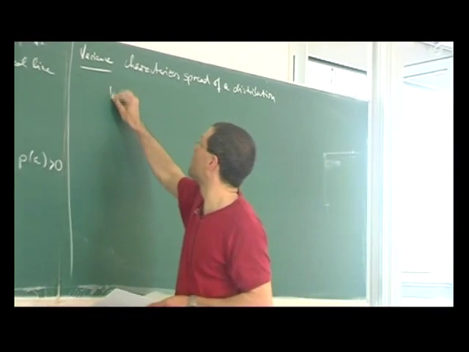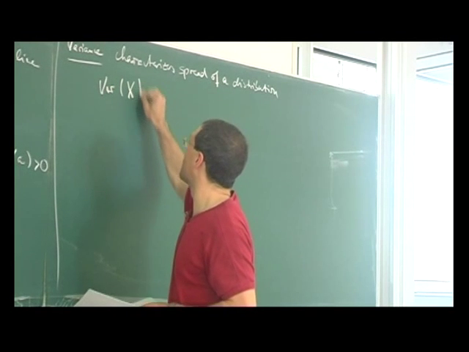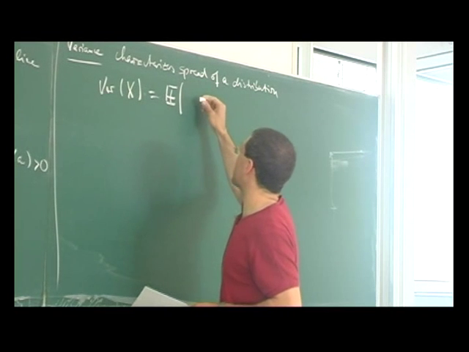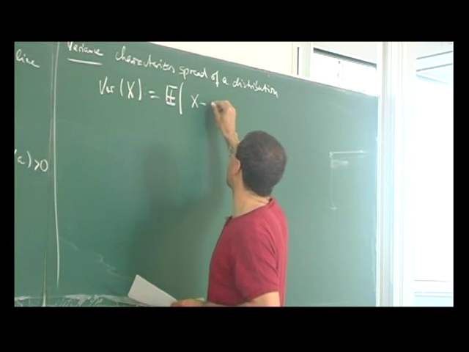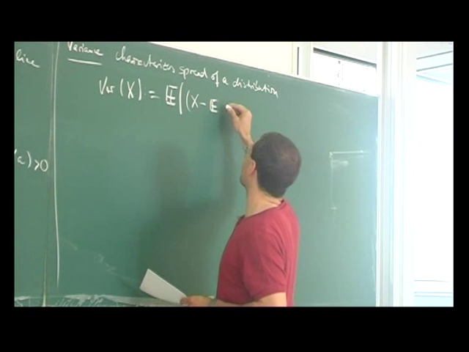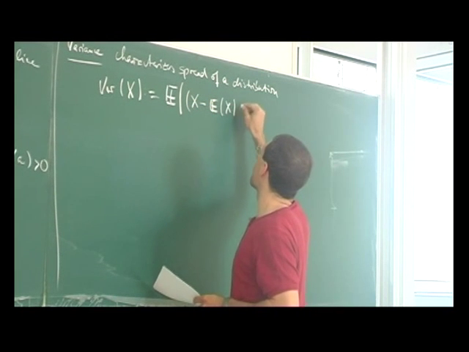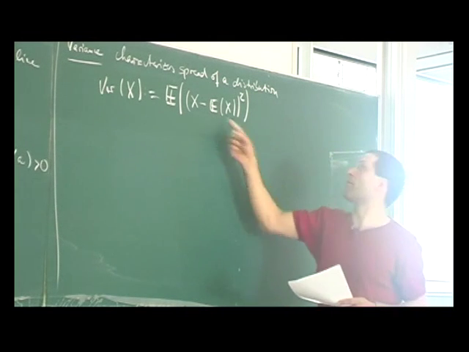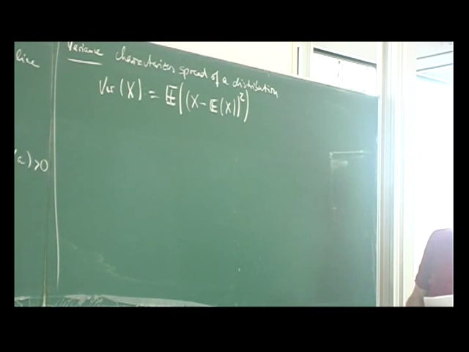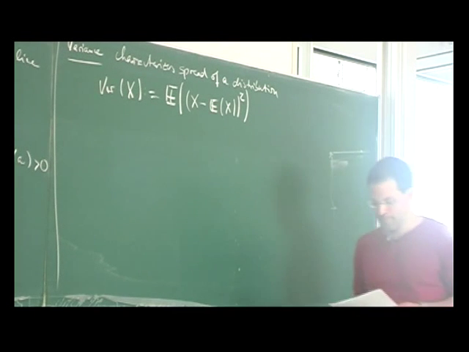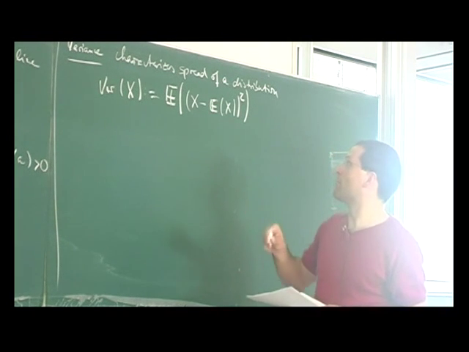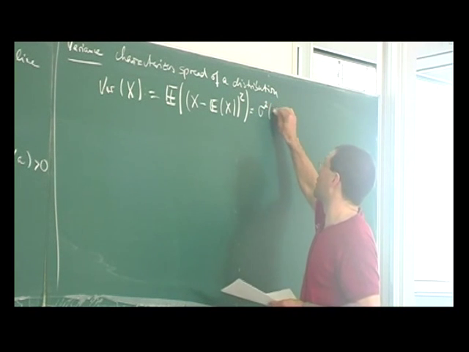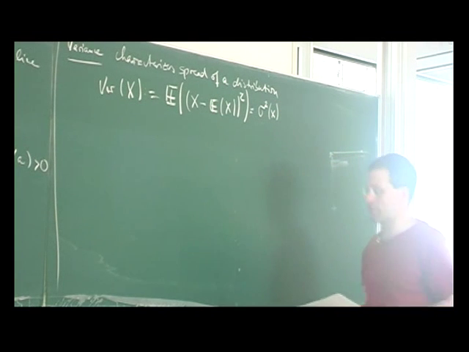So it's defined as the expectation of the square of the deviation of the random variable from its mean or from its expectation, and the standard deviation is the square root of the variance.